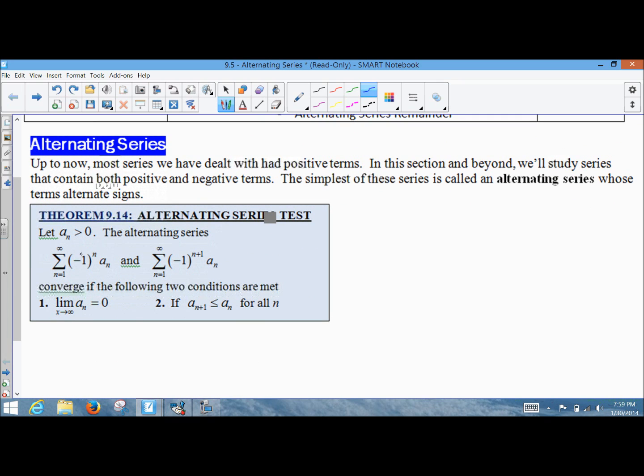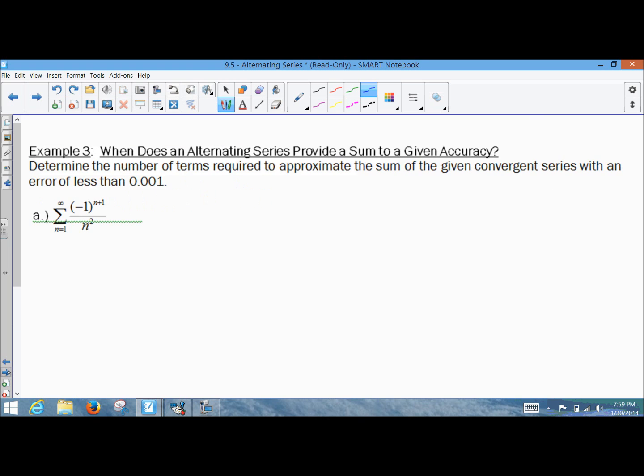Again, what we were doing is looking at a series that resembled this, and we just took the limit of the a_n piece, the piece without the alternating component. In order for us to even remotely say that we are going to converge, the answer to that limit had to be 0. And obviously the answer to our limit was not 0. We got infinity.